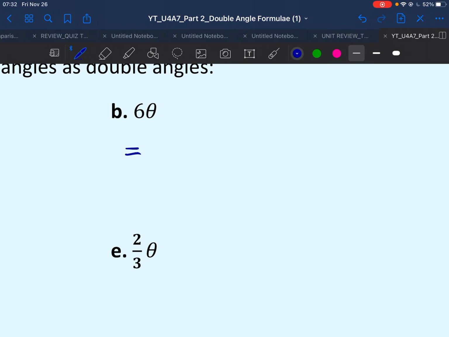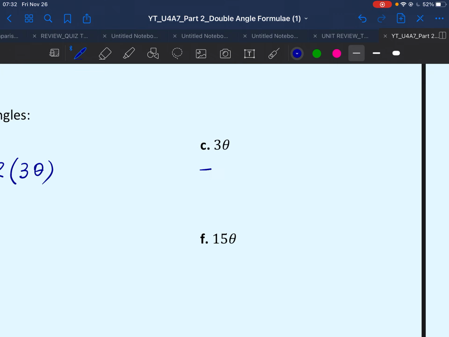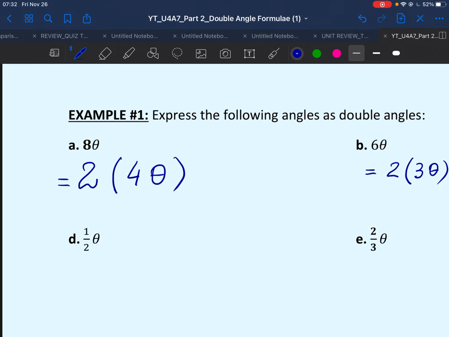6 theta can be expressed as double of, again, 6 divided by 2, which is 3 theta. Next, 3 theta can be expressed as double of 3 divided by 2, or 3 over 2 theta.